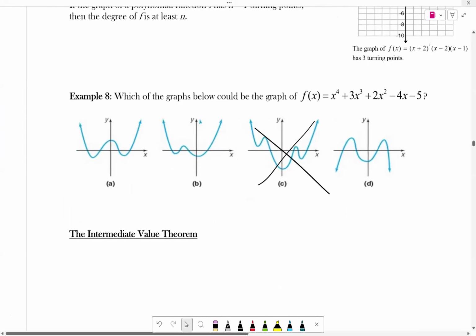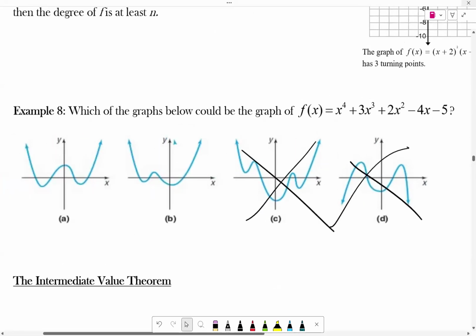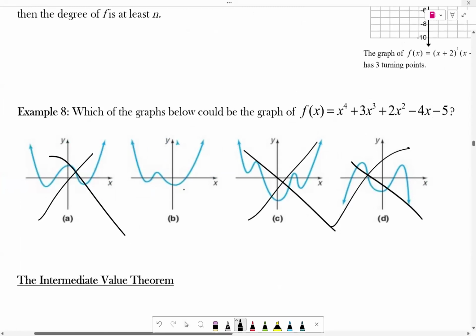You also probably crossed out D because they're both going up. The leading coefficient doesn't match the graph. Is that the kind of thought process you did? But then how do you know if it's A or B? Did you use a calculator? The y-intercept. We know the y-intercept has to be negative, so we cross this one out.